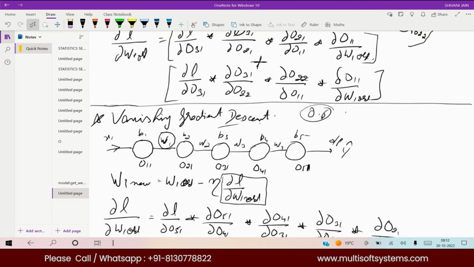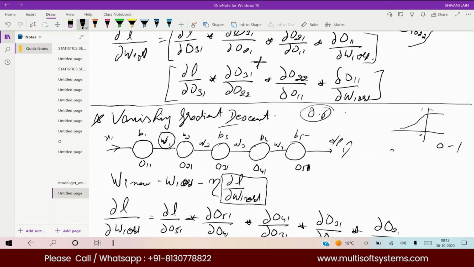The sigmoid value ranges between 0 to 1, maximum value will be 1, minimum will be 0. But this is when you are going in the forward direction. When you are going in the backward direction, we'll have to calculate the derivative of your sigmoid function also.